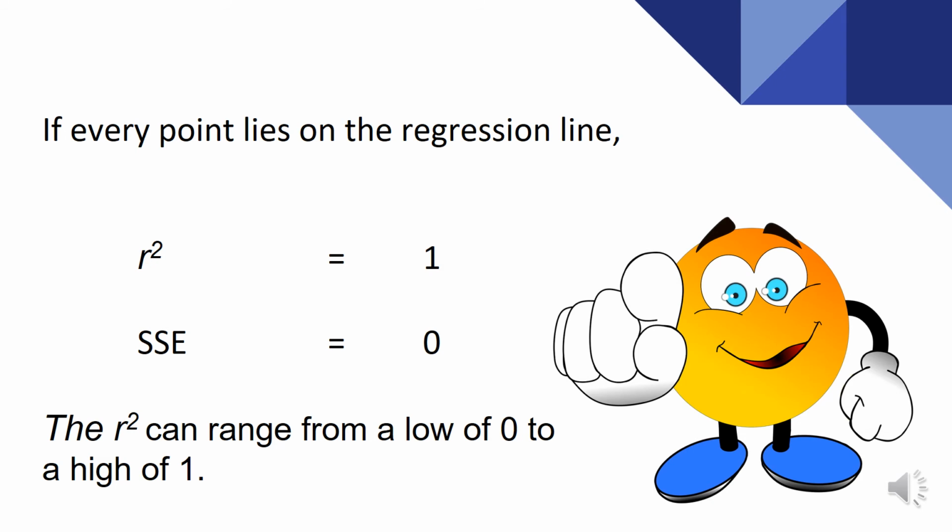The lowest possible value of r squared, or the coefficient of determination, is 0, indicating that x explains 0% of the variability in y. Thus, r squared can range from a low of 0 to a high of 1. In developing regression equations, a good model will have an r squared value close to positive 1.